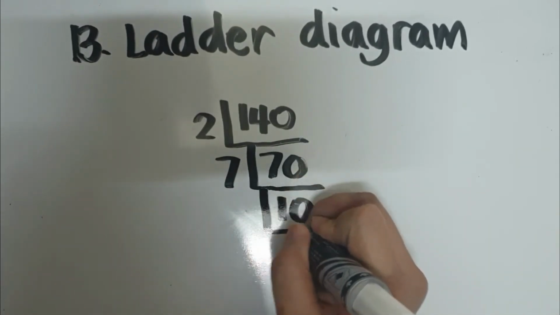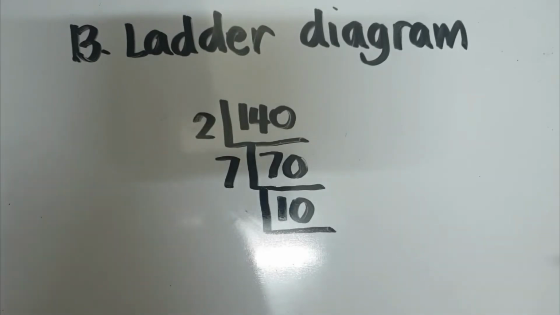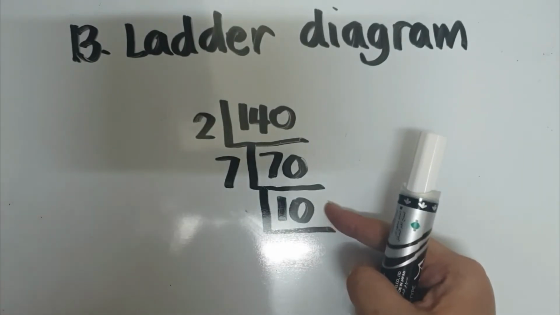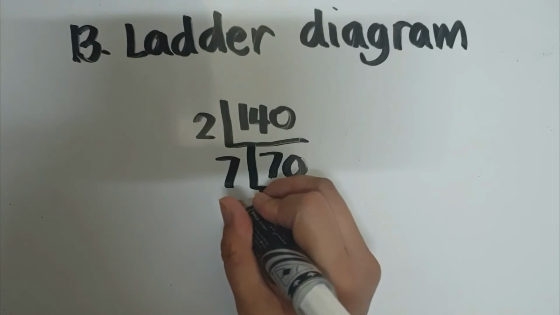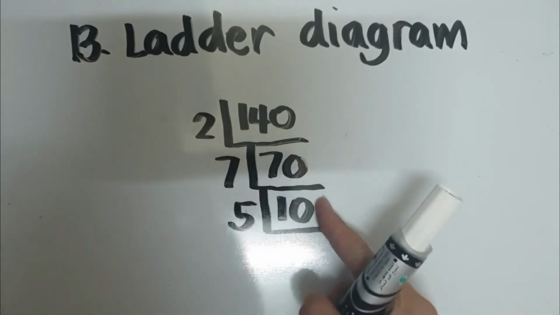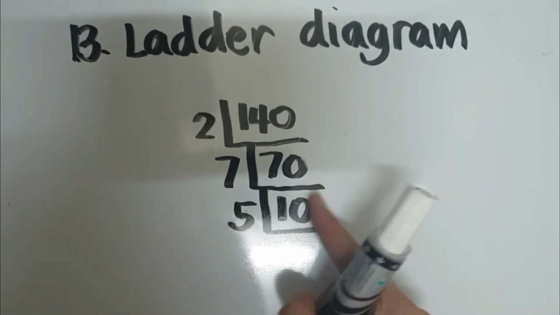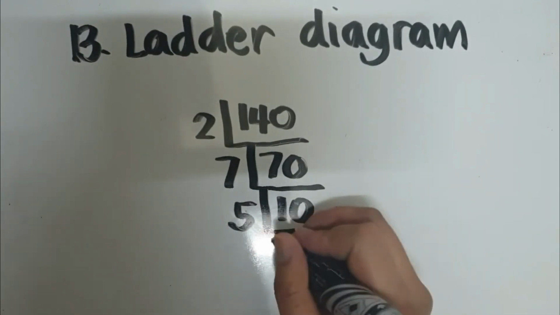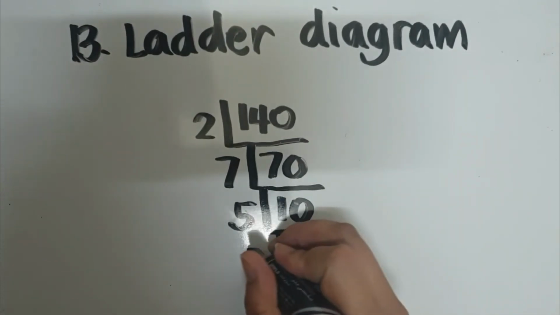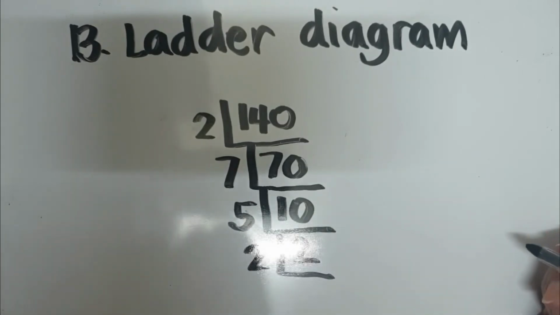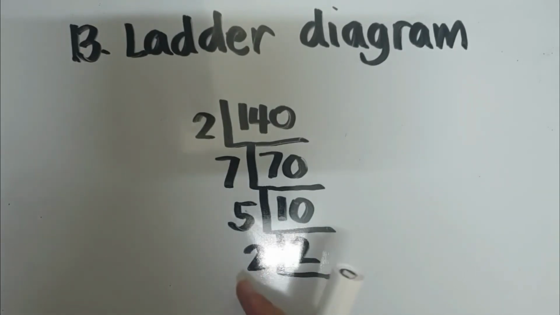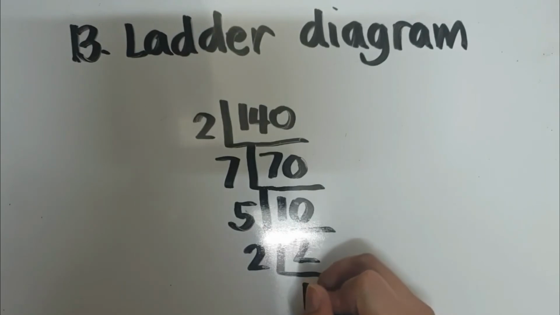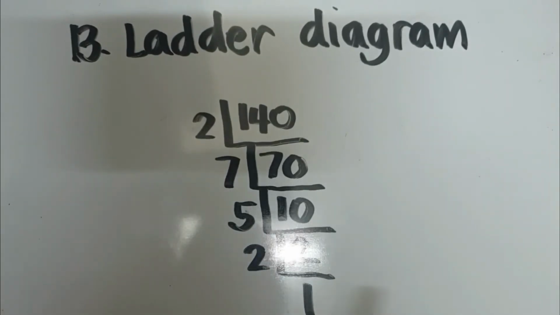And then, 10 is not yet a prime number, so 10 can still be divided by 5. 5 is a prime factor, so 10 divided by 5 is 2. And 2 can still be divided by itself, which is 2. That is also a prime factor. And 2 divided by 2 is 1. You will only stop when your answer here is 1.